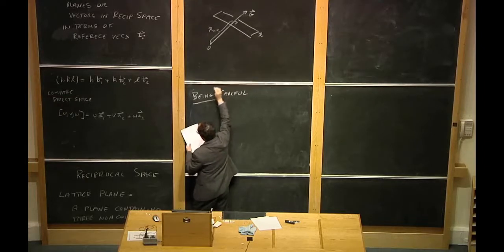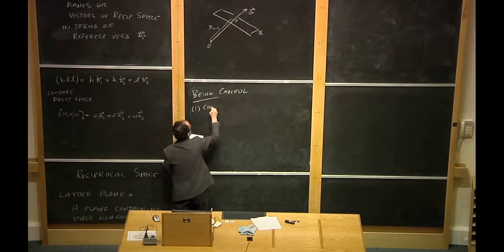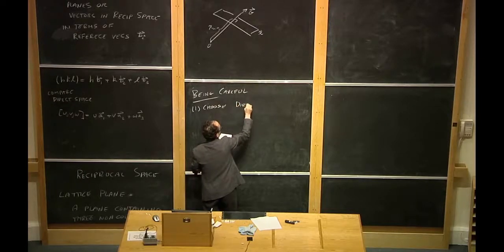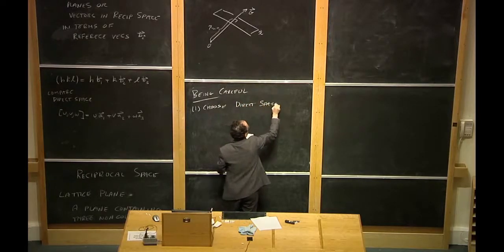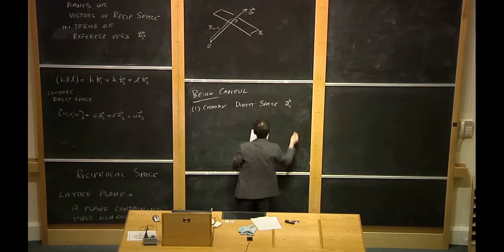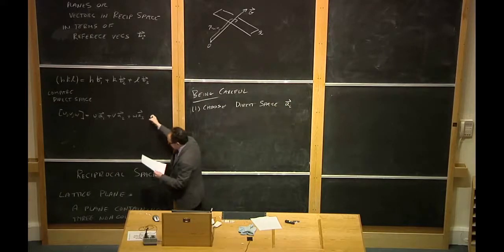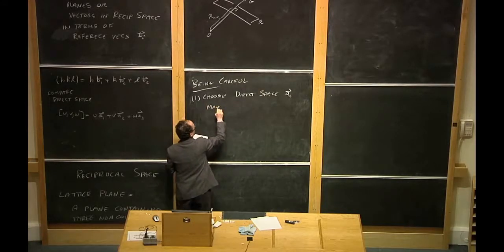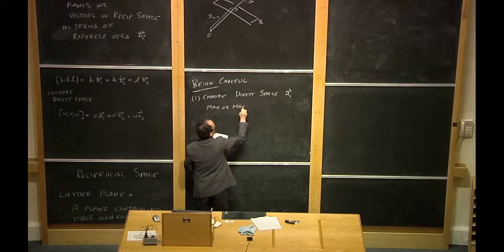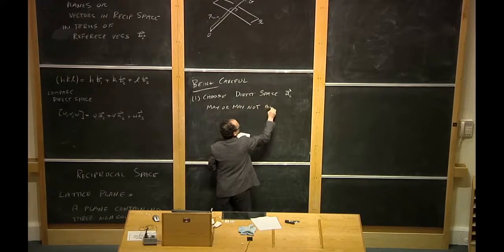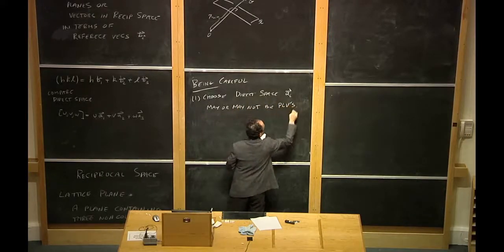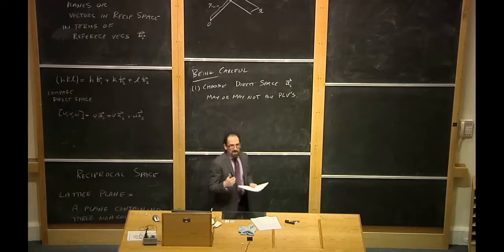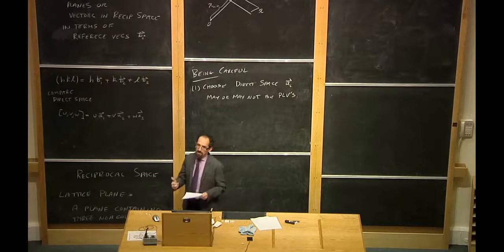The rules go like this. First, choose direct space vectors A sub i, which may or may not be PLVs. Now, you'll remember we had a rule that we're not responsible for lattices in 3 dimensions where the axes are not orthogonal.